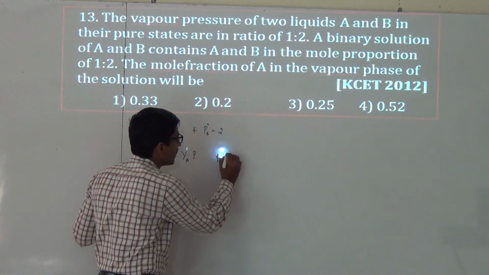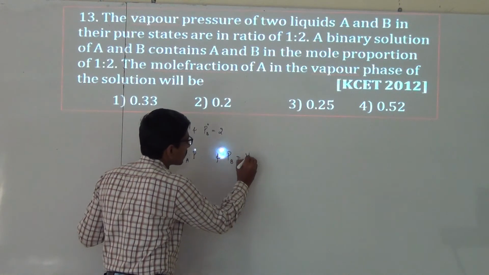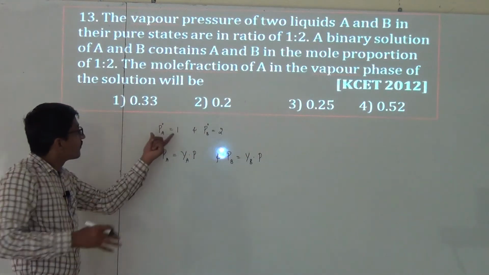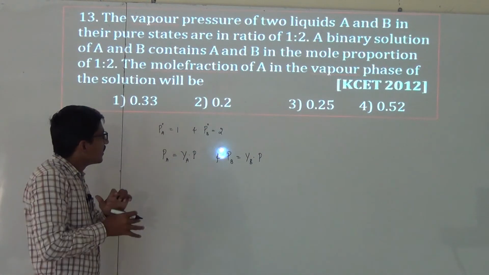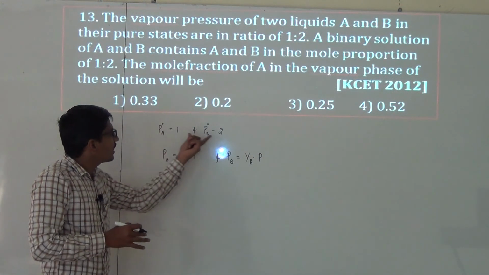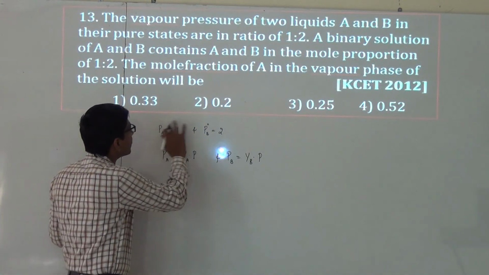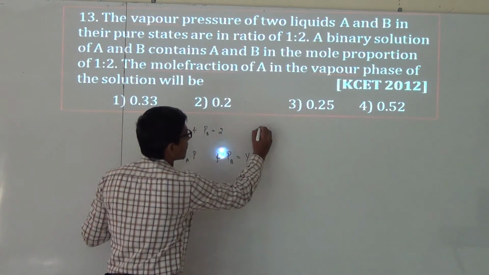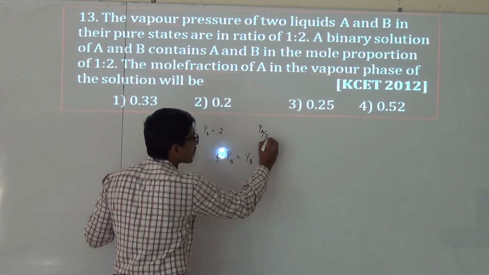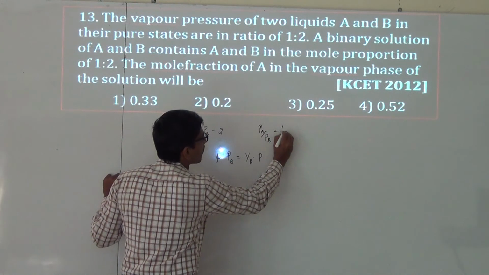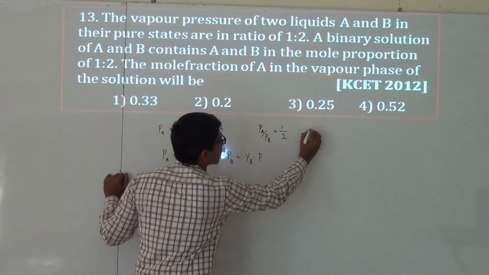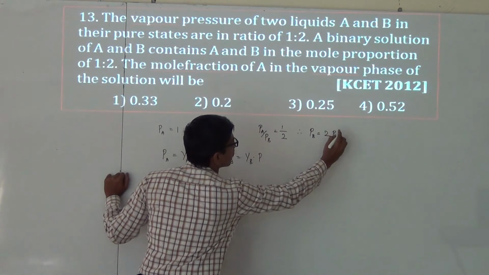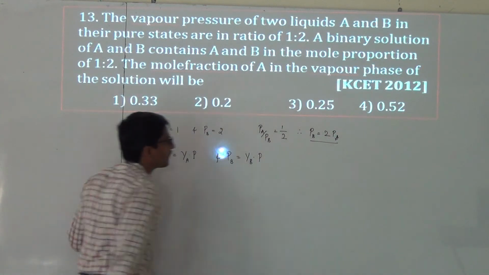Similarly, PB is equal to YB into P. From the data, the ratio of PA by PB is equal to 1/2. Therefore, PB is equal to 2PA.